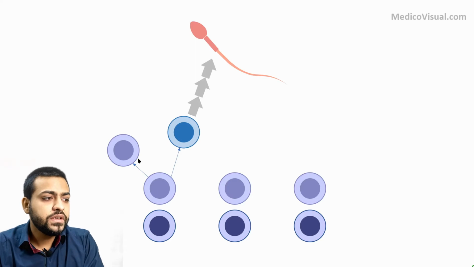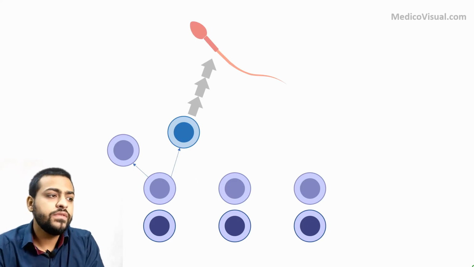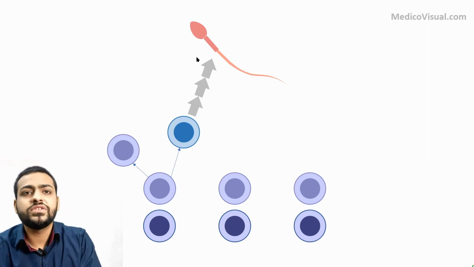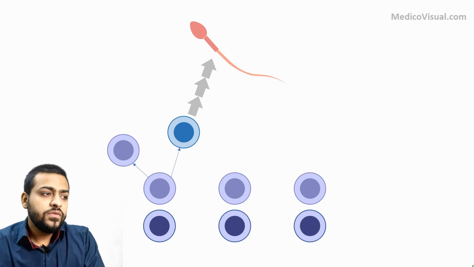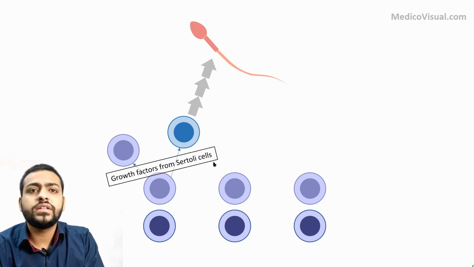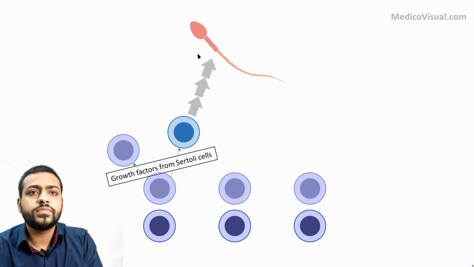Now how will Spermatogonia A start to transform into mature sperm? We will discuss just now what happens. There are certain growth factors that are released from Sertoli cells when puberty starts, and with the start of puberty, these growth factors released from Sertoli cells will cause maturation of spermatogonia into mature sperm.